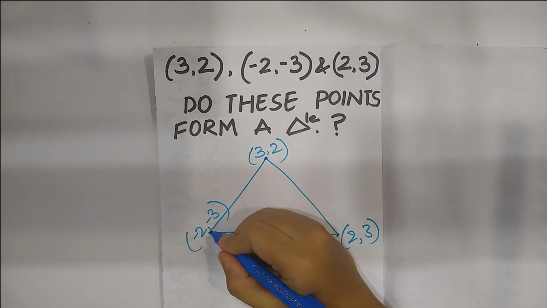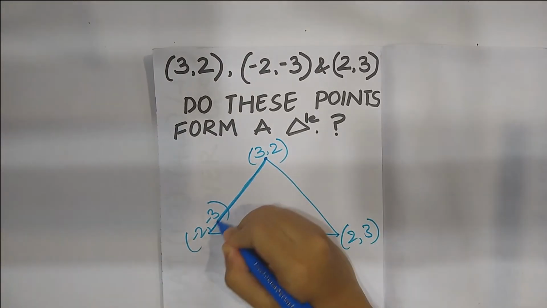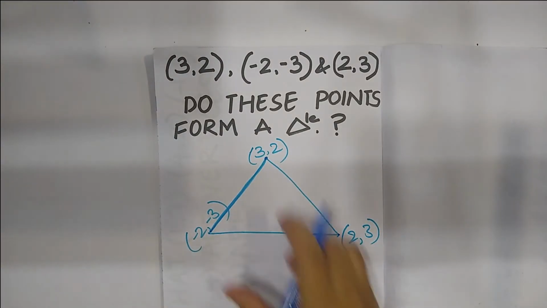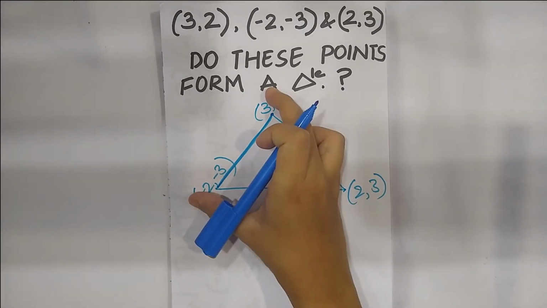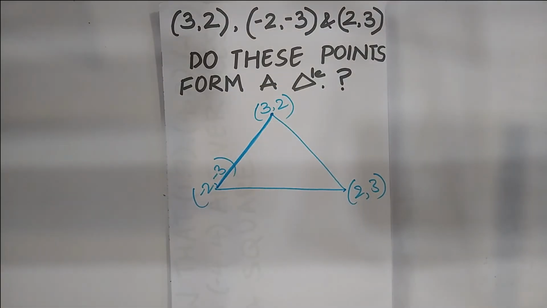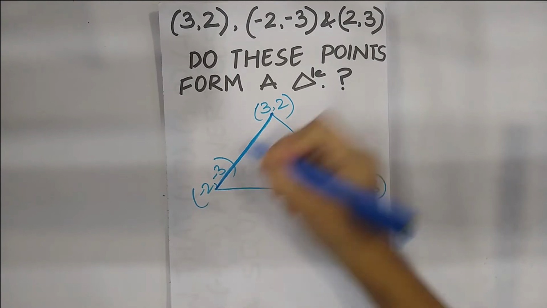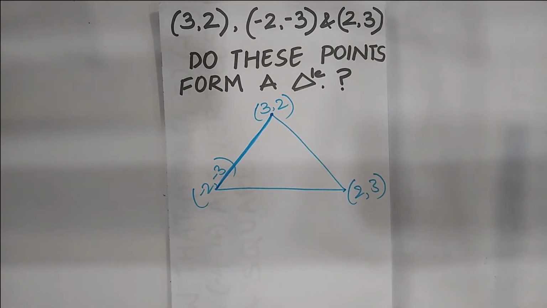So this side right here, how do I find the distance? We know the distance formula. So we can directly take these two coordinates, apply it in the distance formula and find out the distance of this side.